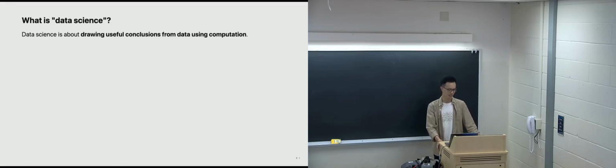So what that means is, in this class, we'll take data sets like, for example, COVID-19 cases in San Diego, and we'll use computation to draw conclusions from them. So we'll use the Python programming language to answer questions that we have about the data. So we might want to know, when was COVID-19 worst at UCSD? Or when was it least bad? Or when were the cases rising the quickest? And those are all questions that we can answer using data.